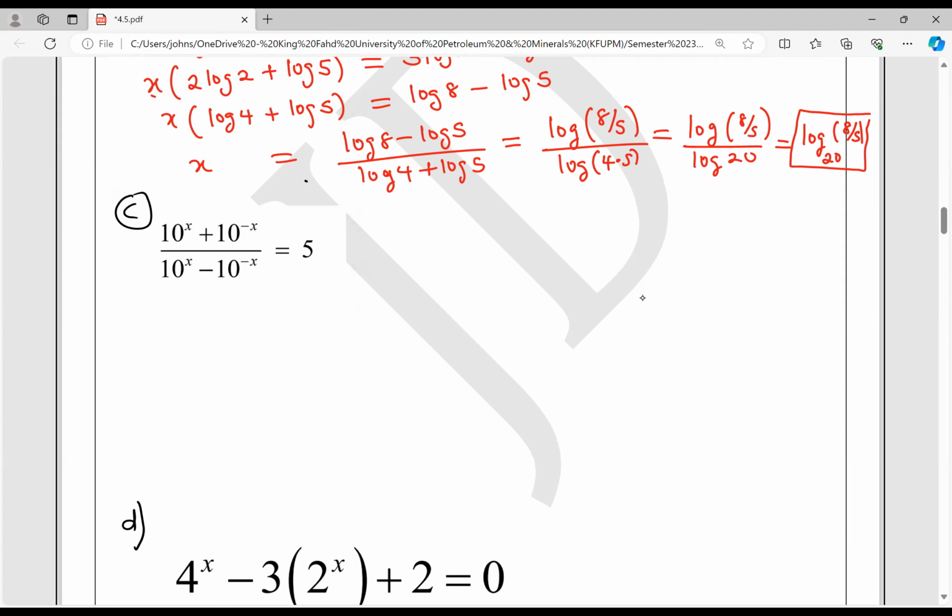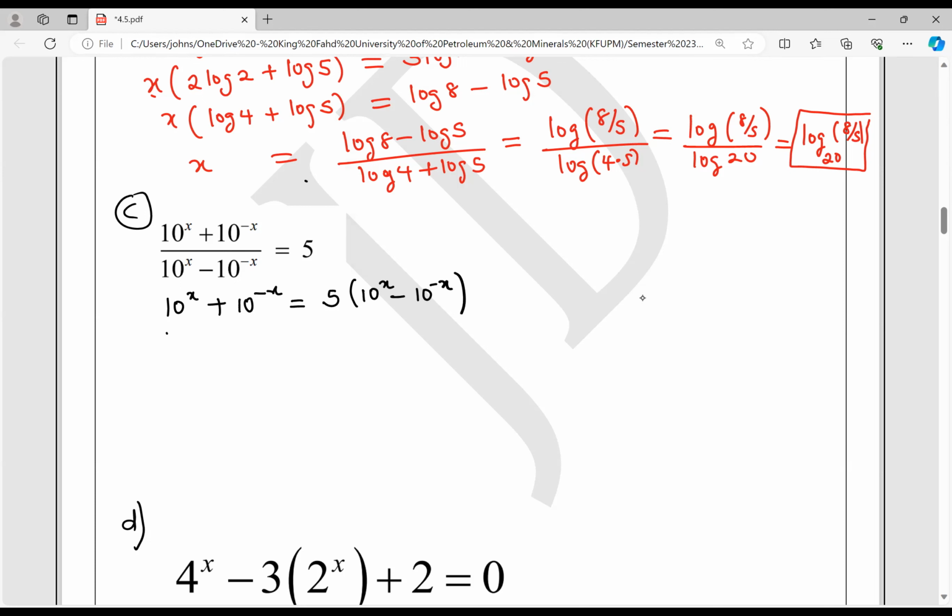Once we cross multiply, we're going to get 10 to power x plus 10 to power minus x is equals to 5 times 10 to power x minus 10 to power minus x, right?